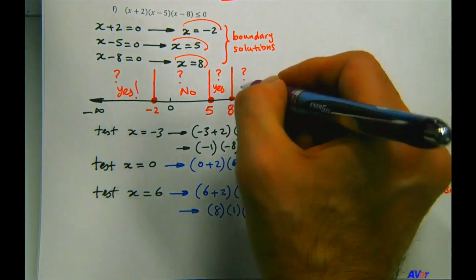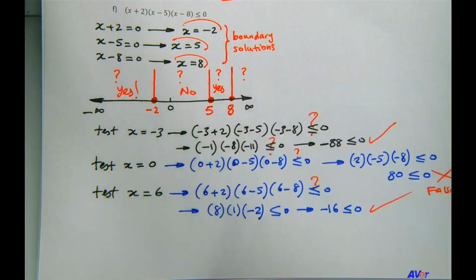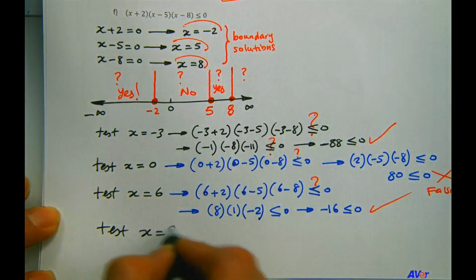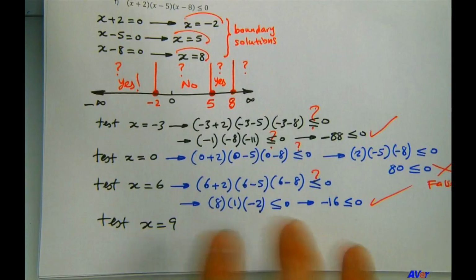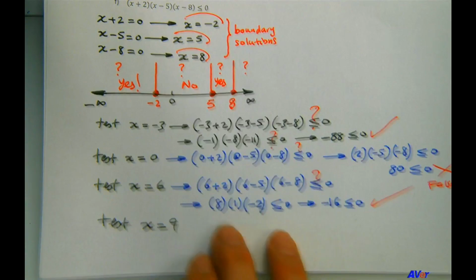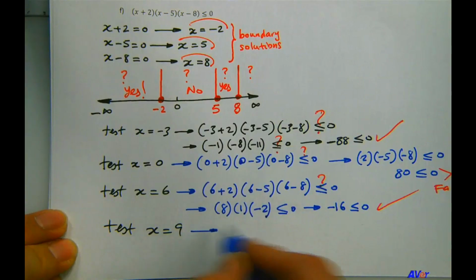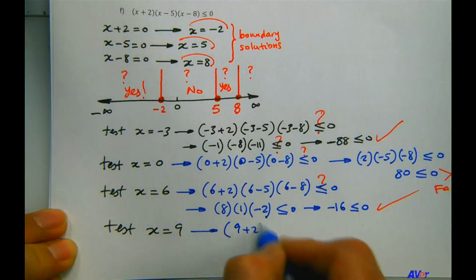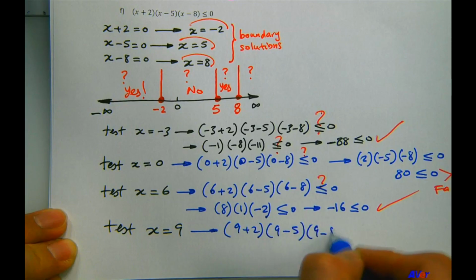Now let's test this far right region. And we're going to pick x equals 9. So test x equals 9. I'll try to keep everything on this screen as much as I can. Like that. And then, plugging 9 into this inequality, we have 9 plus 2 times 9 minus 5 times 9 minus 8 less than or equal to 0.